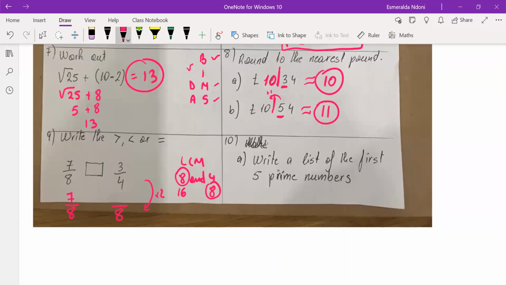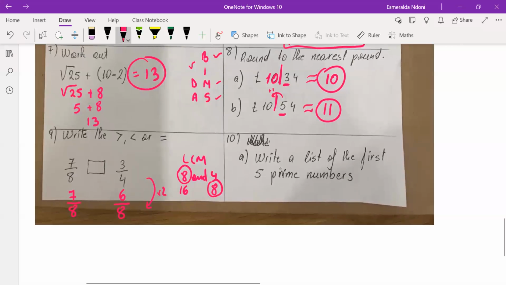Whatever I do to the bottom, I do to the top number. So 3 times 2 is 6. Now, which one is bigger, 7 out of 8 or 6 out of 8? Of course, 7 is bigger because it's more parts out of the same number. So this is how you'd put the sign on question 9.